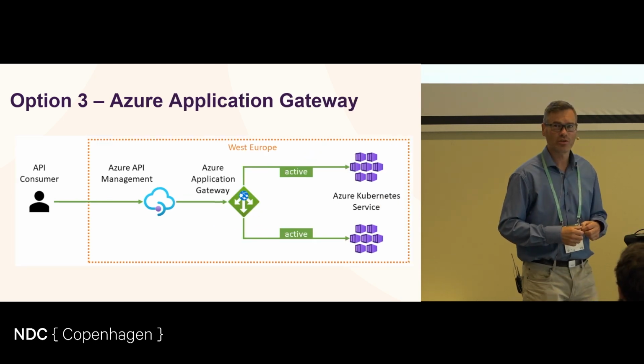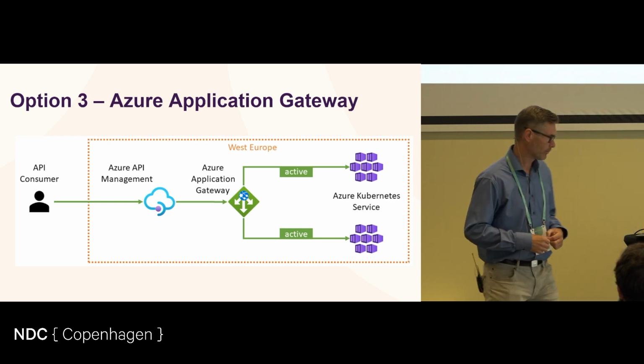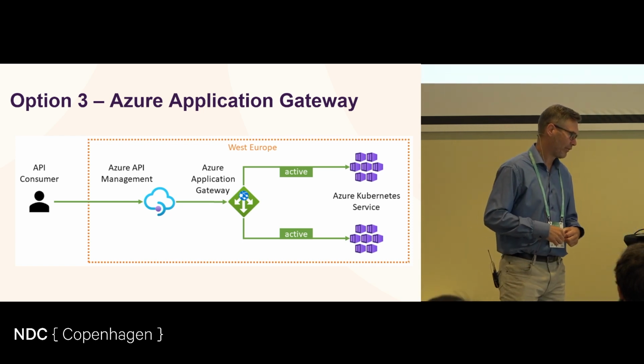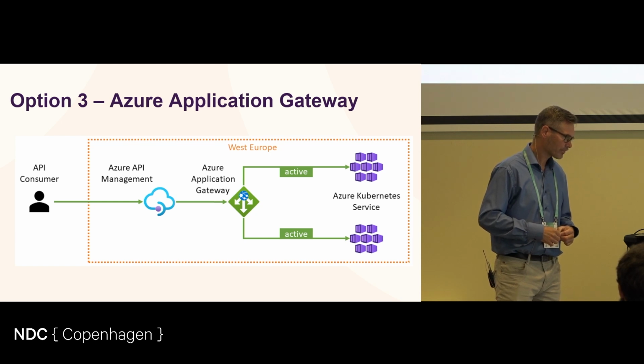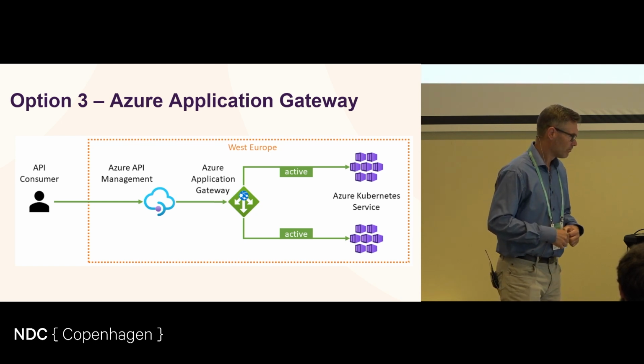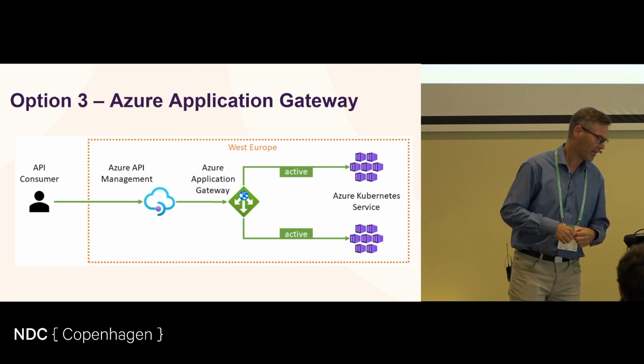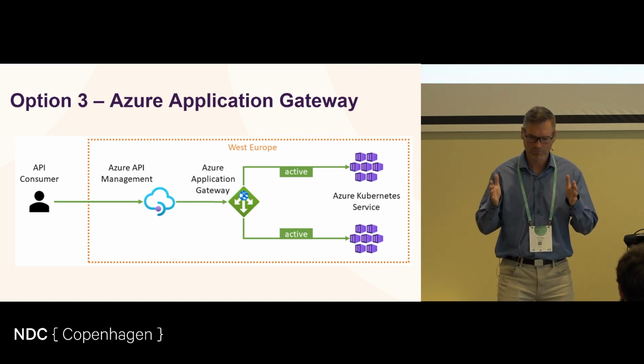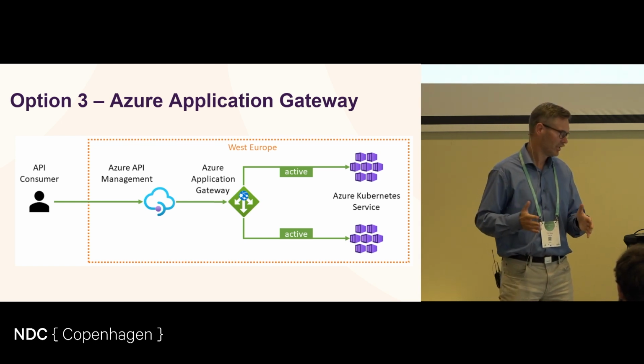And then we considered a third option, which was having an application gateway there. This is a level 7 kind of proxy, which you can have.